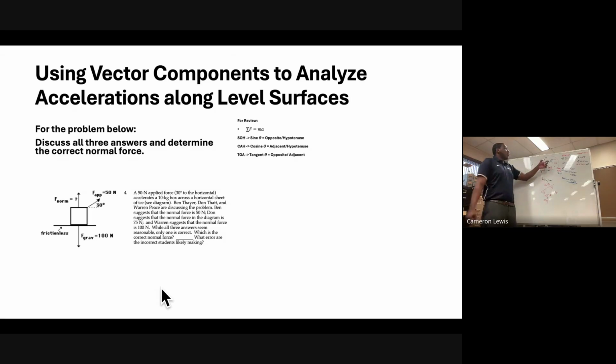So when we have a vertical or Y component because we're pushing at an angle, that also contributes to how much the normal force is going to be, because both of these vertical components must be equal to the force due to gravity. So if you're pushing at a different angle, you will change the normal force that the object is feeling. When we have multiple vertical components, we have to consider all of that. That's what we take away from this problem.